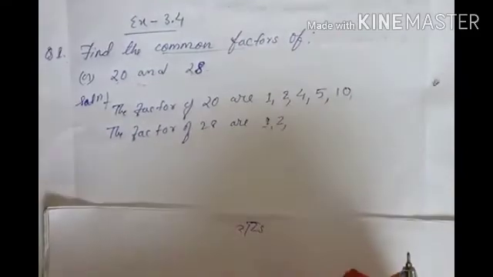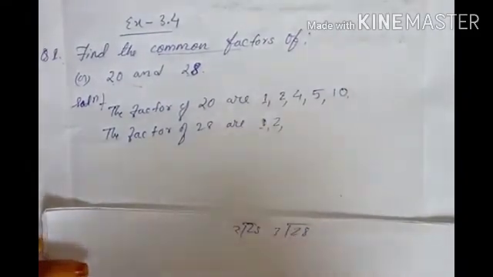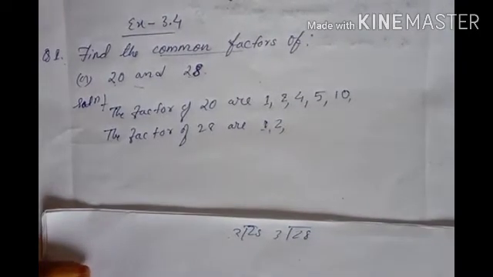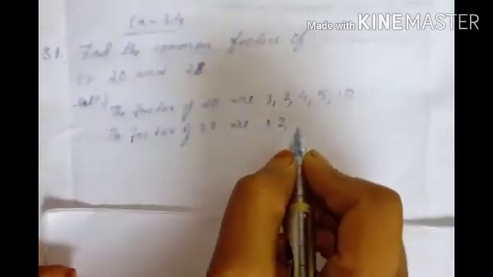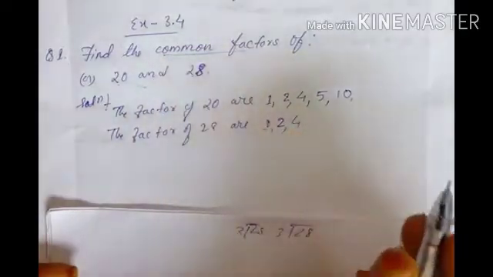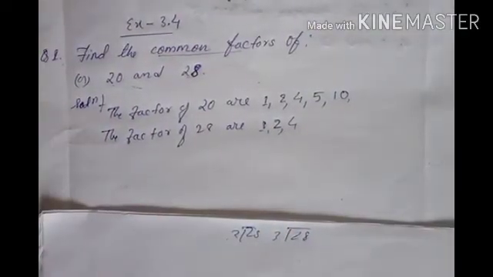Now 3, if you divide by 3, is 28 in the 3 table? No, isn't it? 28 is not in the 3 table, so 3 is not a factor. Now 4, yes, 4 is also there, because if you divide 28 by 4 it will be divisible, because 4 sevens are 28.